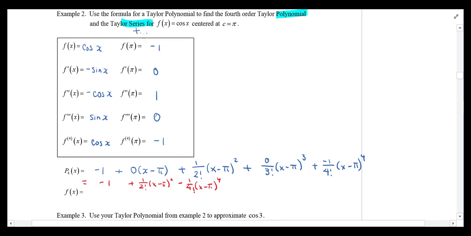Yet for the Taylor series, well, you'd have the same thing, but what's different? Yep. Plus dot dot dot. Okay. Going on forever makes this series equivalent to the function f of x.